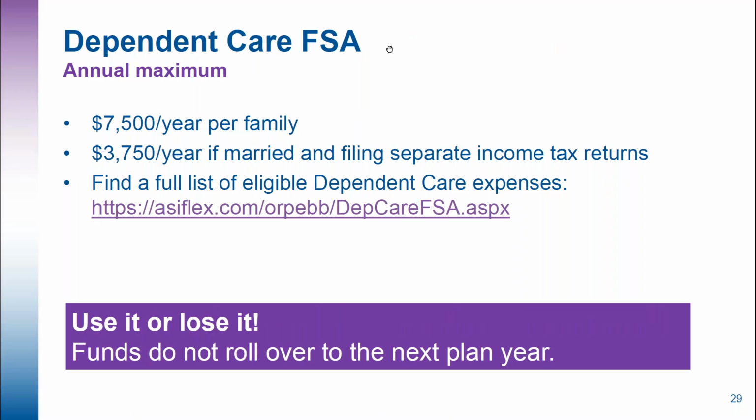So take a look at that and work with your spouse on that, and make sure that you haven't put over $7,500 into your dependent care FSA. You can find a full list of eligible dependent care expenses at the ASI Flex site. And again, these funds, if you don't use it, you lose it.